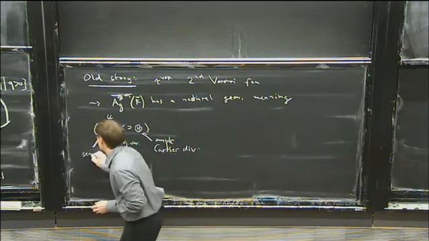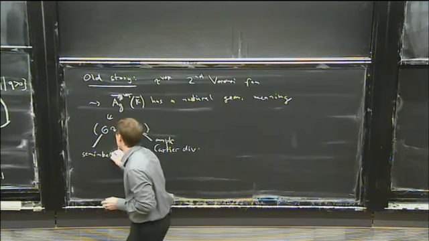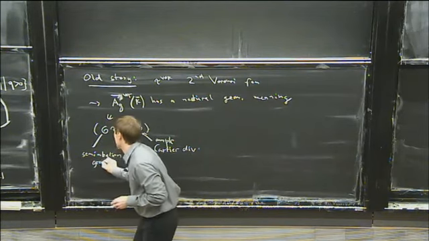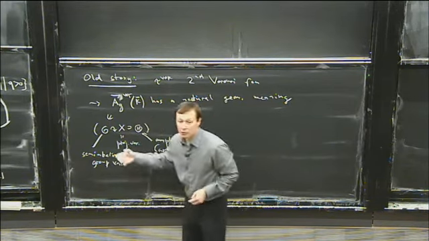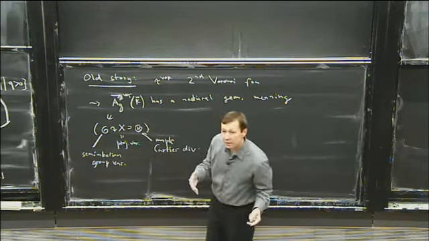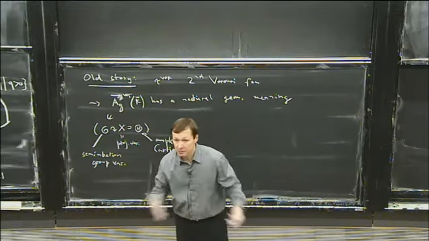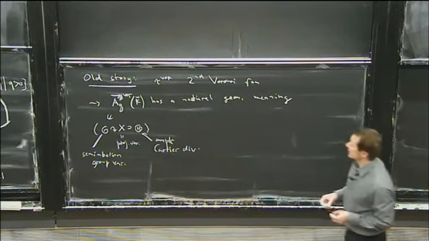It's a semi-abelian group variety. So it's either a torus or an abelian variety or something in between, something mixed.